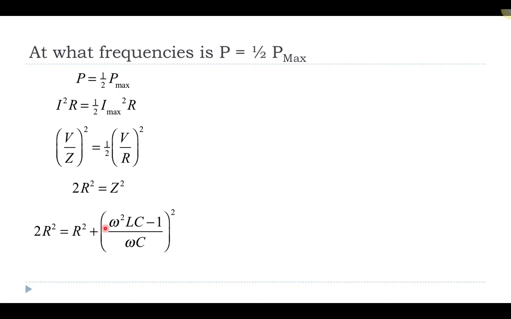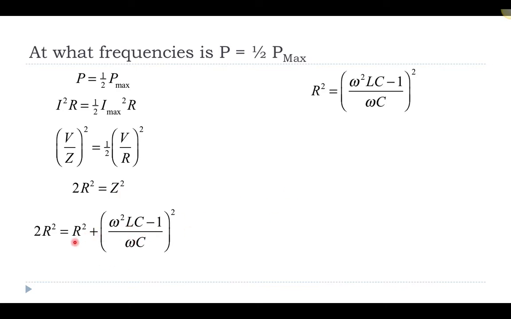This term in here is just the reactive components put over a common denominator, and we've taken the rectangular form and written it in terms of the magnitude of the impedance. You can go back and look at a previous part of this resonance video presentation, and you'll see where this expression comes from if you need to.